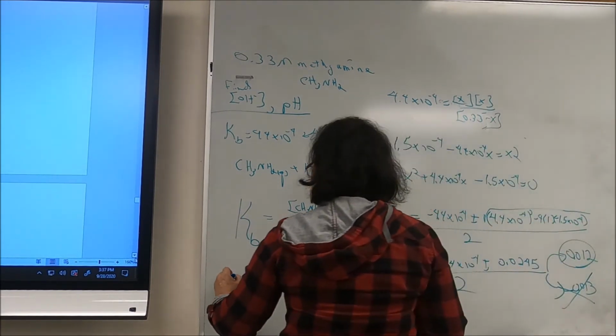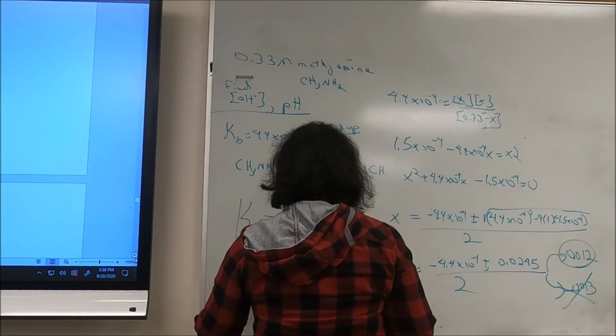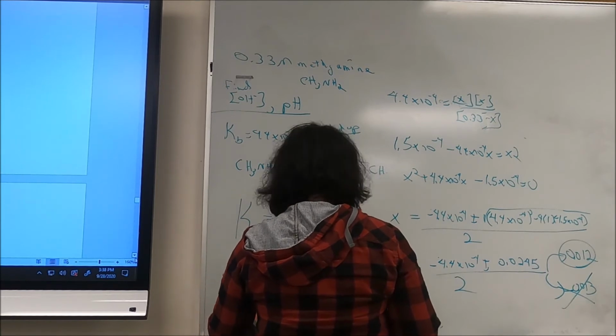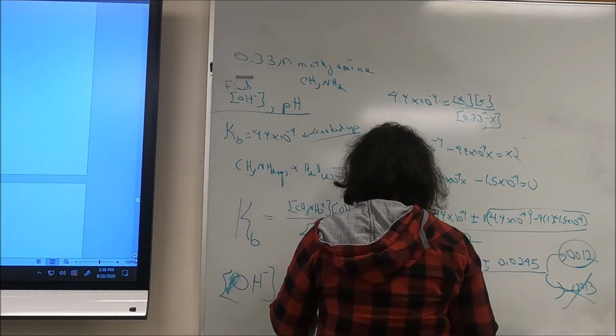So our hydroxide ion concentration here at equilibrium is 0.012.